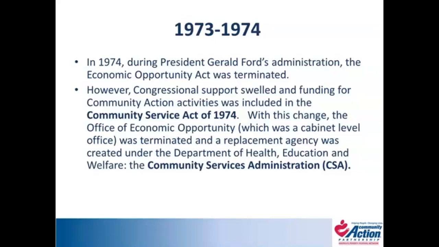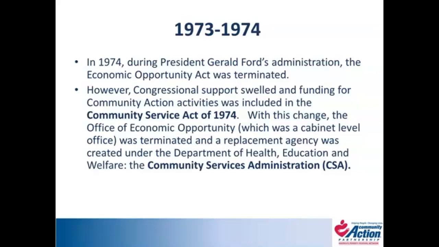So in 1974, we shifted away from a direct seat at the table from the Office of Economic Opportunity, and it shifted to the Community Services Administration. This was the beginning of a step where we had to save community action, but it lost its seat at the table.